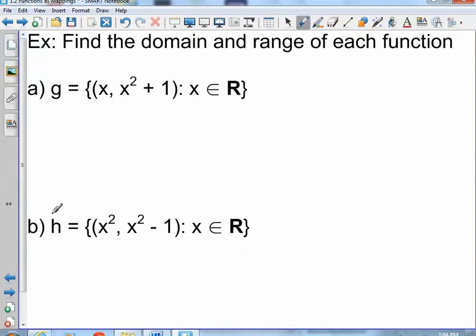Okay, so let's practice finding domains and ranges of our functions. So domain, that's our input. Range would be our output here. So the first one. First, do you remember how to read this? From yesterday, what's this mean?